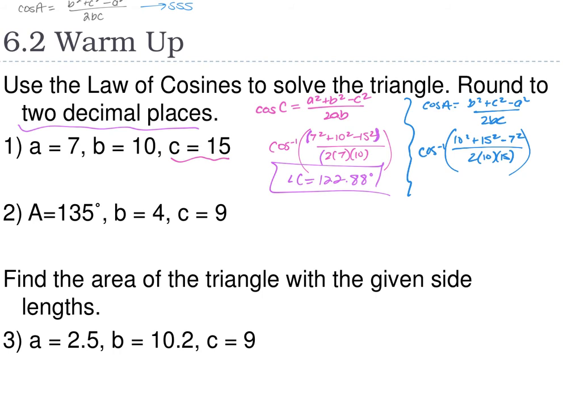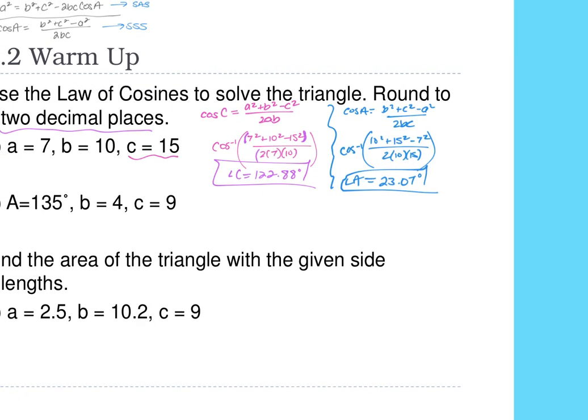And I get angle A, 23.07 degrees. And then to find the last one, I can subtract those both from 180. With extra time, you can also use the law of cosines on that last angle, angle B, but only if you have extra time.